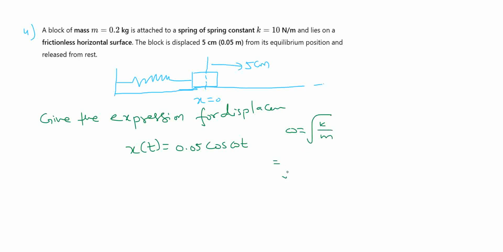K is 10, by mass 0.2, so this will give us 50. So x of t equals 0.05 cos of 5 root 2 t.